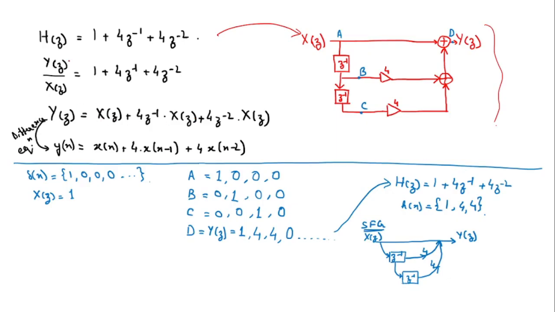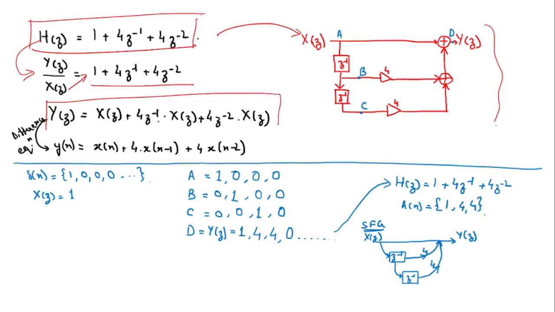We have this transfer function, then we break it into the components Y(z) by X(z). Then we multiply, and we get this equation. If we perform the inverse Z transform, we will get the difference equation.